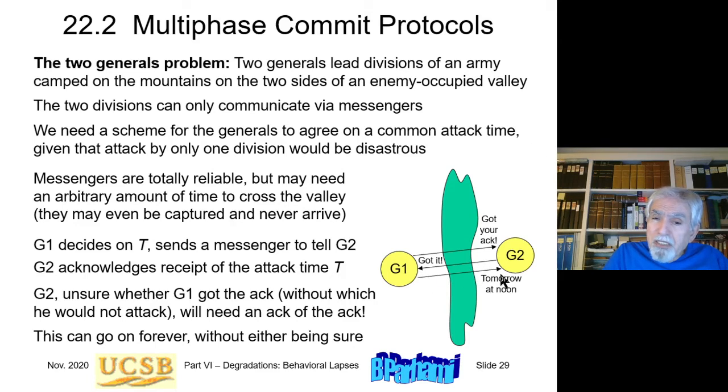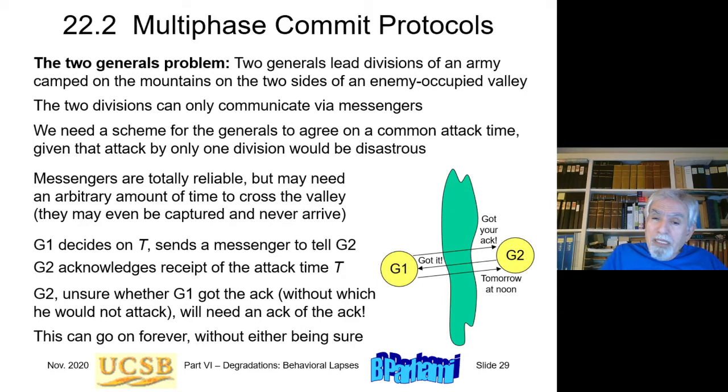So the challenge for these 2 generals is that they want to coordinate their actions. Imagine these are generals from the Byzantine era. They don't have any radio communication, definitely no cell phones.